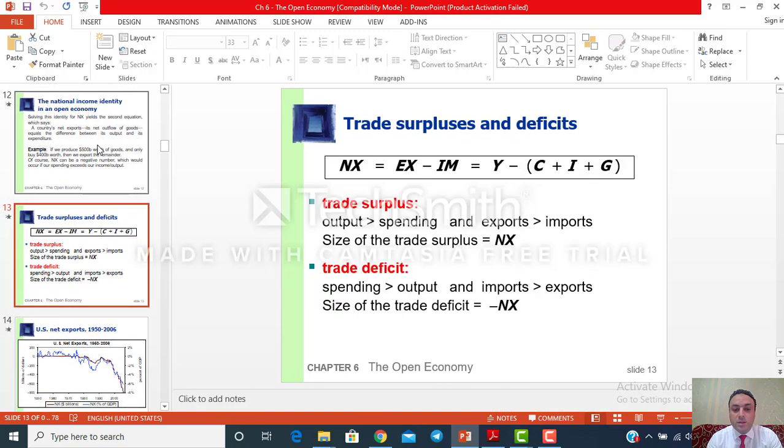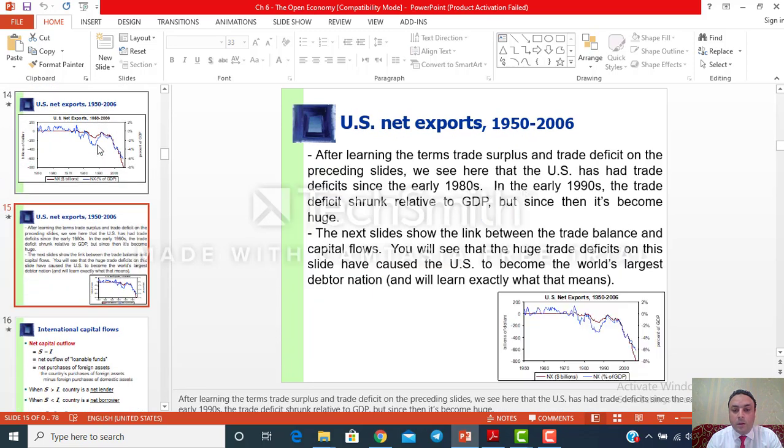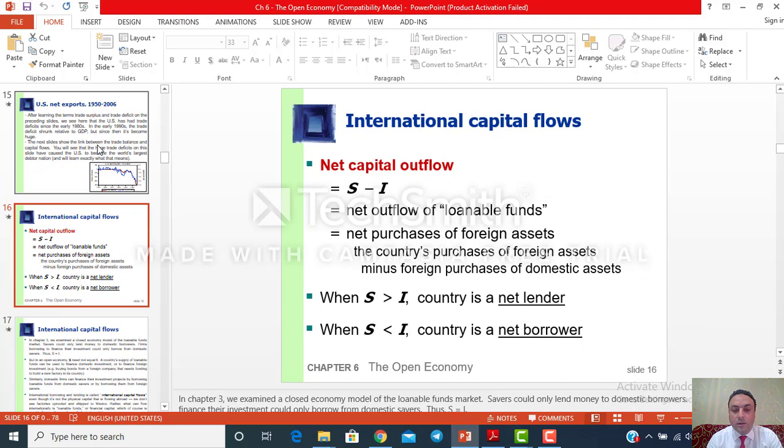According to this, we also saw the net capital outflow. When we talk about savings and investment, the difference between them, savings minus investment, results in the net capital outflow.